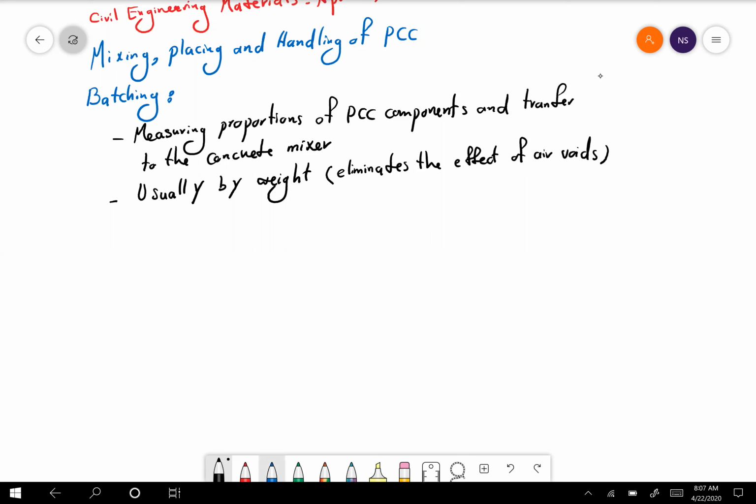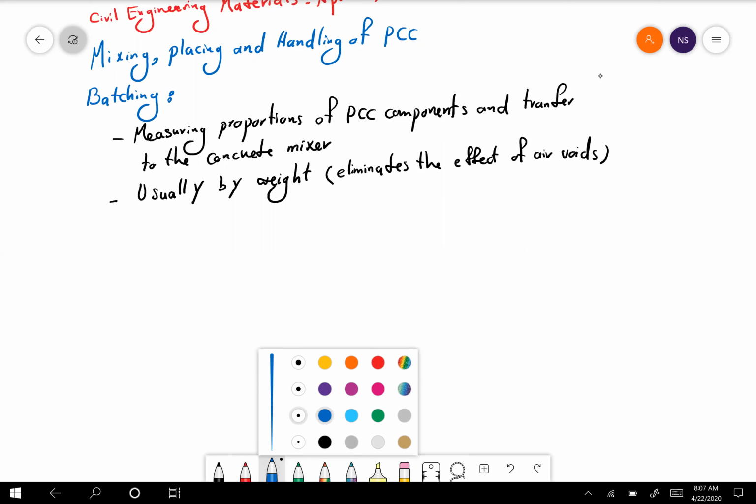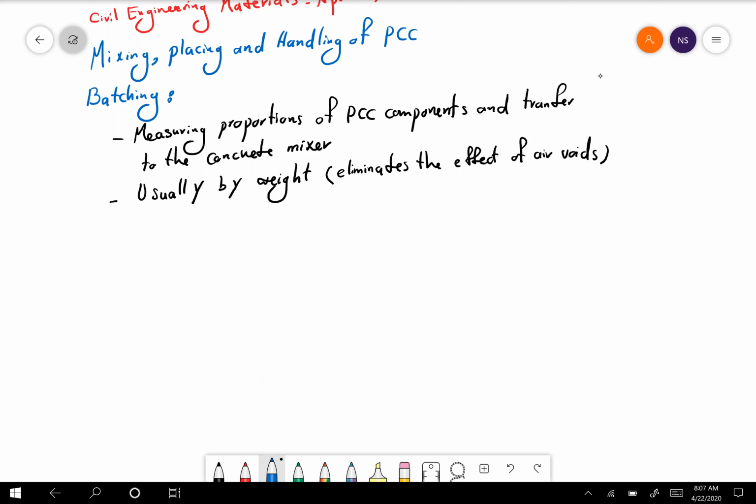Once you batch all the materials, you know how much gravel you need, how much sand, how much cement and water, and so on. So that's the batching process. And then once you collect all these materials, you need to mix them together.